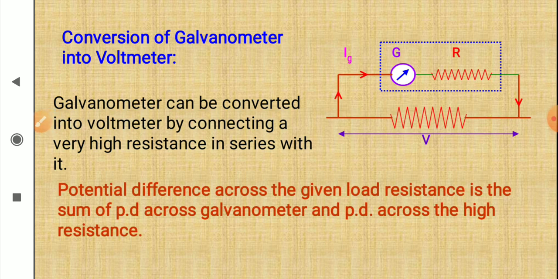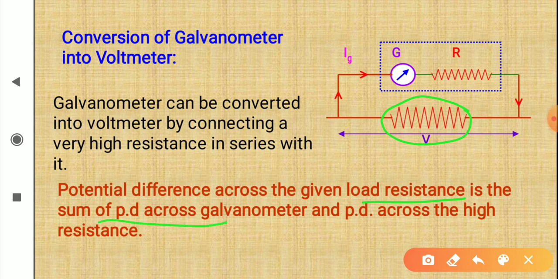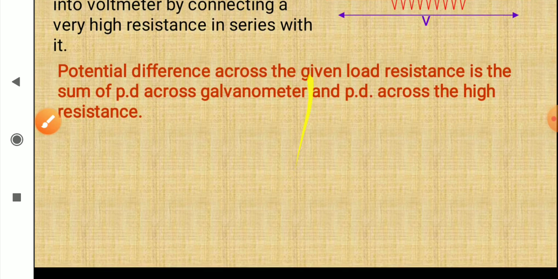So potential difference across the given, this is the load. The potential difference across the given load resistance is sum of potential difference across galvanometer and potential difference across high resistance. So इसका और इसका टोटल पोटेंशियल डिफरेंस सीरीज में है, दोनों रेसिस्टेंसेज ऐड हो जाएंगे.